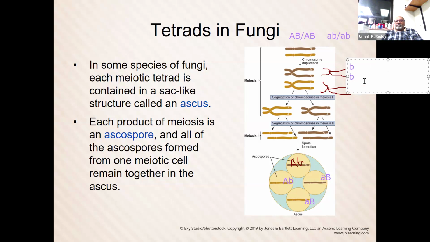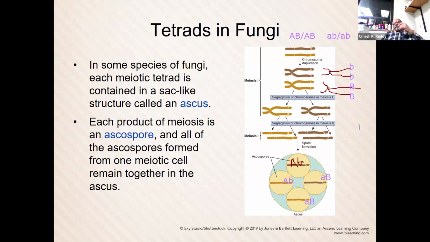Okay. And this is capital B. Sorry. Capital B are here, small b are up there. This is going to create like this. All non-parental ditypes.